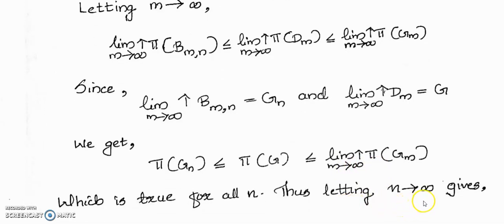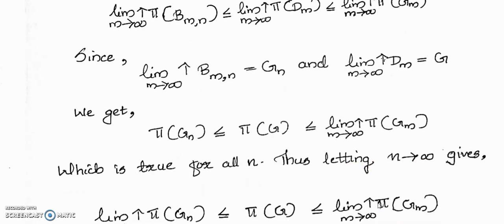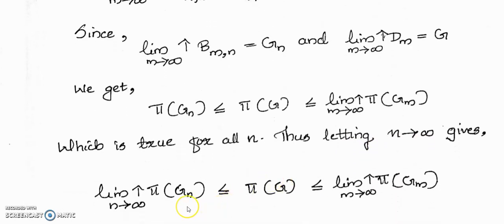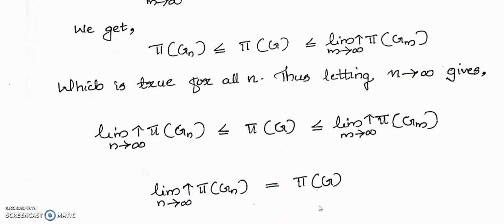Thus letting n tend to infinity, limit n tends to infinity pi of Gn is less than or equal to pi of G, which is less than or equal to limit m tends to infinity pi of Gm. That is, pi of G equals limit n tends to infinity pi of Gn. That is, pi of Gn increases to pi of G, or limit n tends to infinity pi of Gn equals pi of limit n tends to infinity Gn.